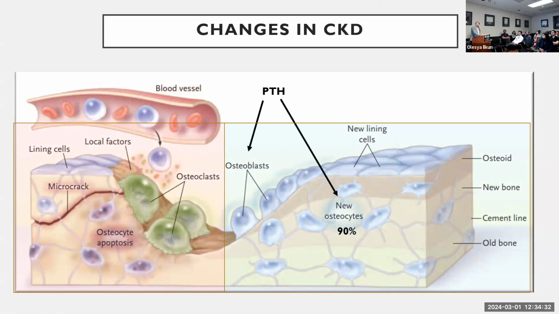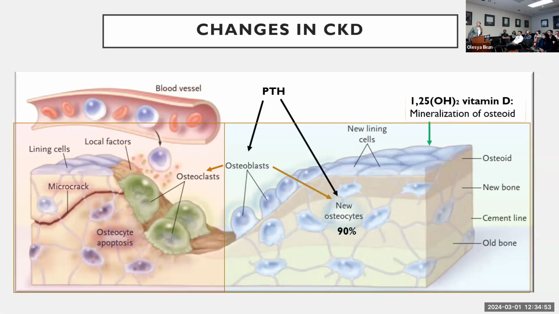PTH acts on osteoblasts and the new osteocytes. Osteocytes are essentially osteoblasts that get stuck in the cement of the bone. They're still active cells, but they are not as active. And then indirectly, PTH also works on osteoclasts and new osteocytes.